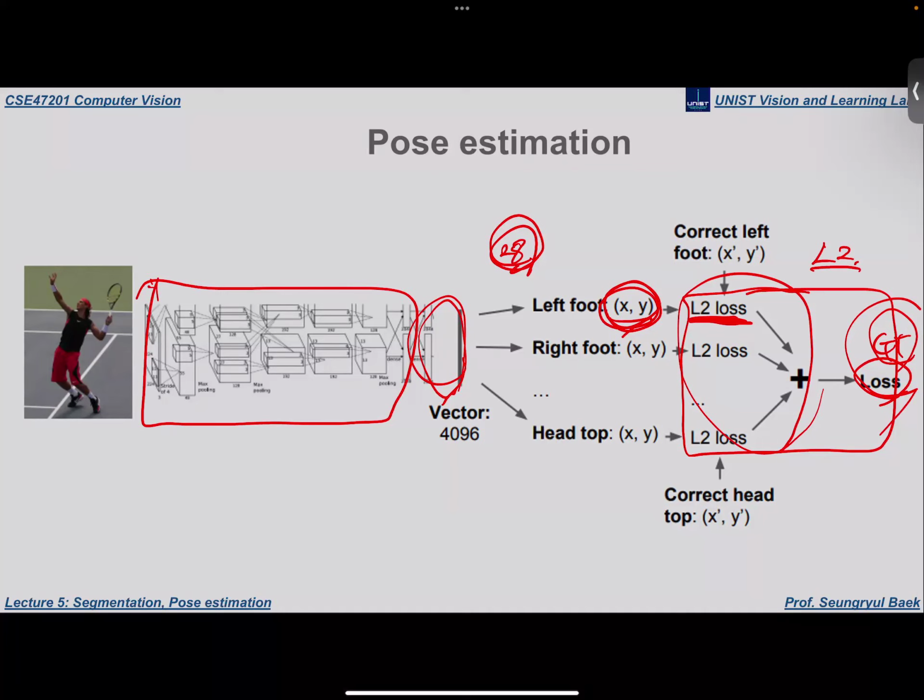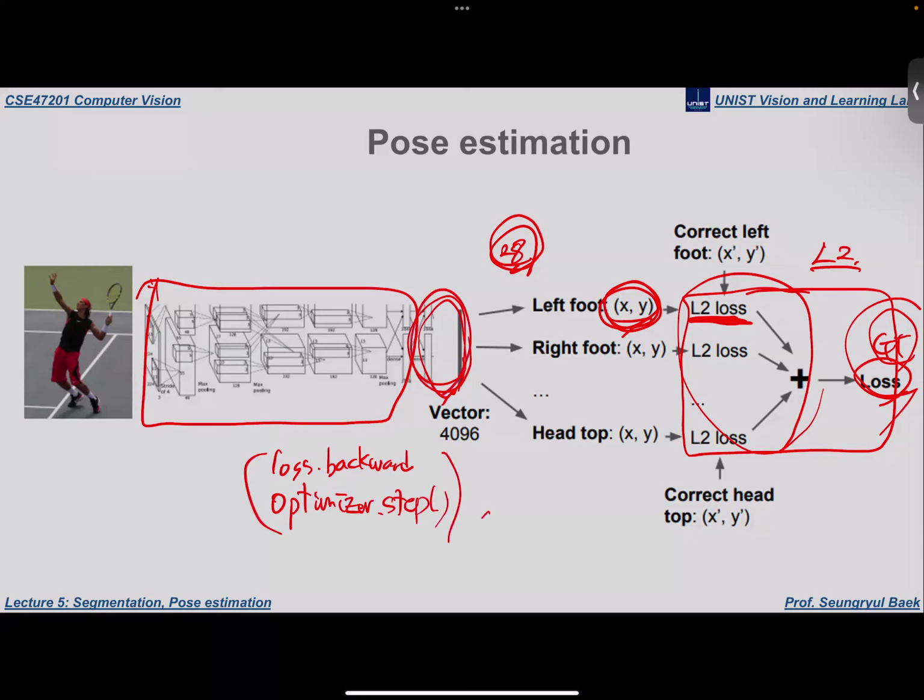It's not that different from the image classification application. We can train this network using the same code, which is loss dot backward and optimizer step. The different thing is our output of the CNN is now 28 values rather than the number of class probability vector, and we may have to use a different loss function.